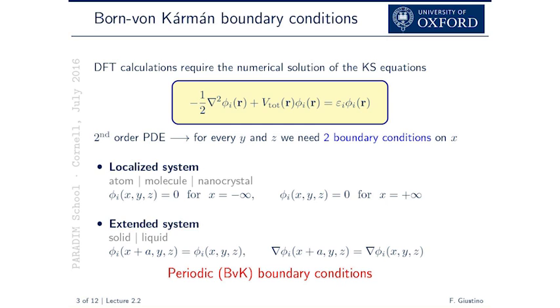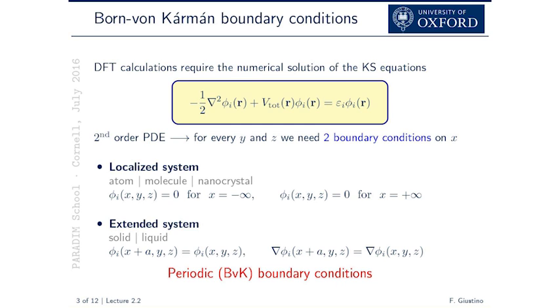So let's consider a simple case, which is an isolated system, like an atom or a molecule. The natural thing to do is to say that if you take a molecule, somewhere very far away, the probability of finding an electron is 0, right? So you have the electrons on your molecule. So in this case one uses boundary conditions at infinity.